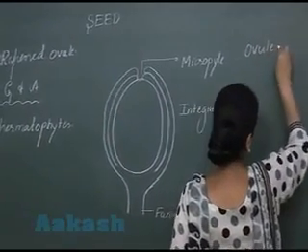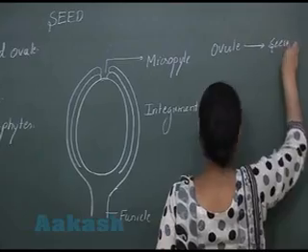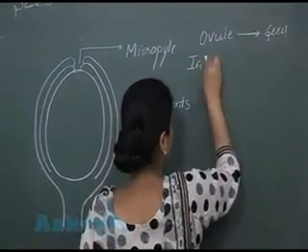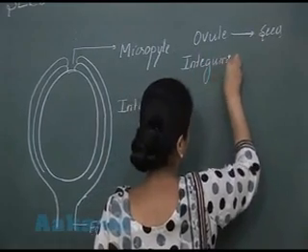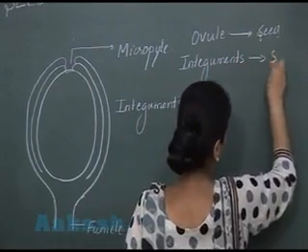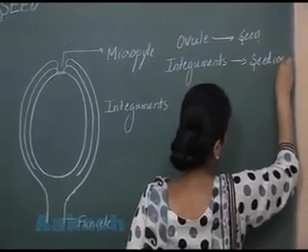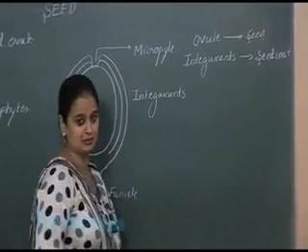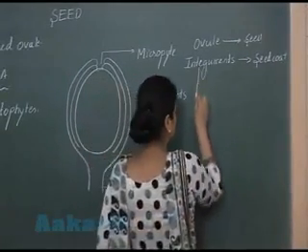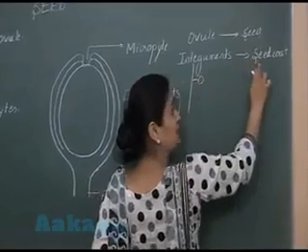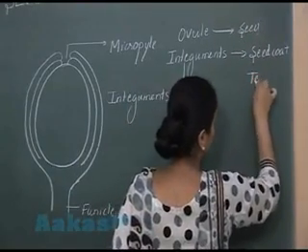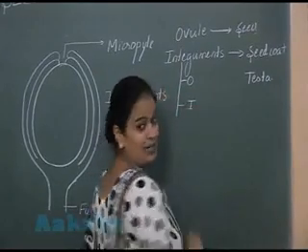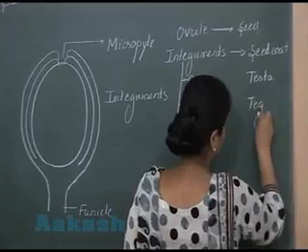So after fertilization the ovule will form the seed, and this covering around the ovule, that is the integuments, they form the covering of the seed, that is seed coat. Integuments will form seed coat. If two integuments are present in the ovule, so the outer integument forms the part of the seed coat that is known as testa, and the inner integument forms the part of the seed coat that is known as tegmen.